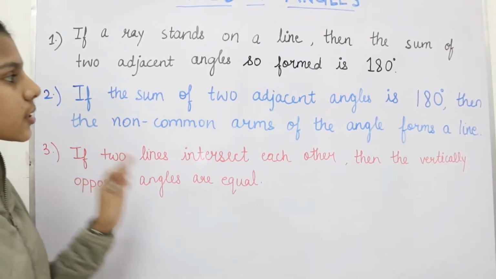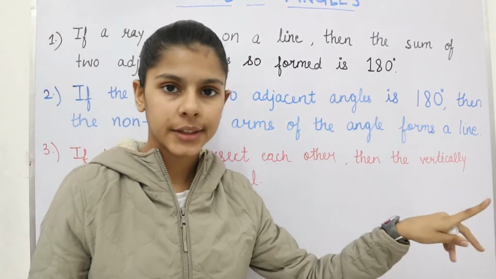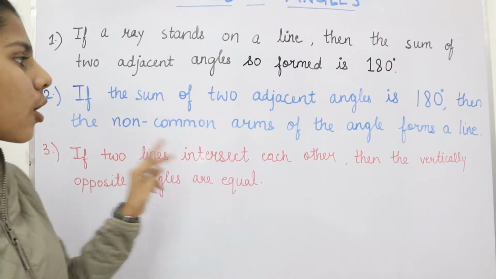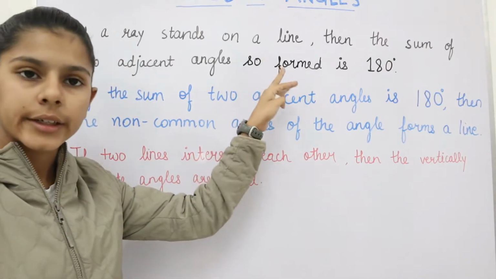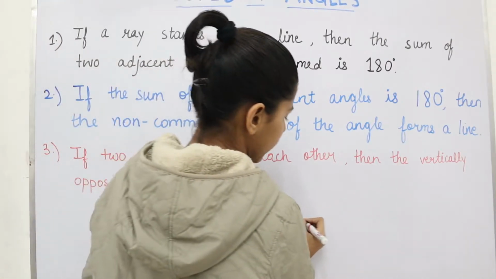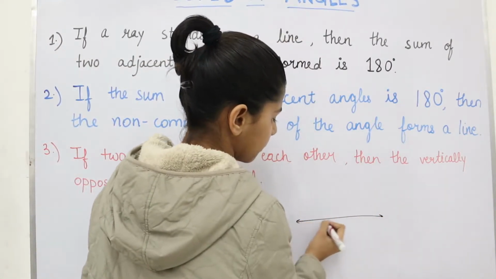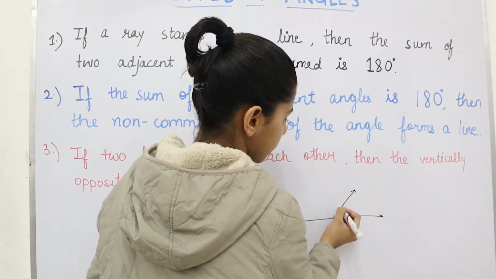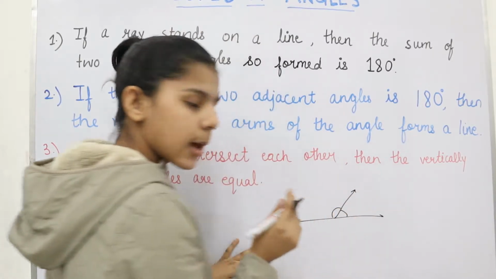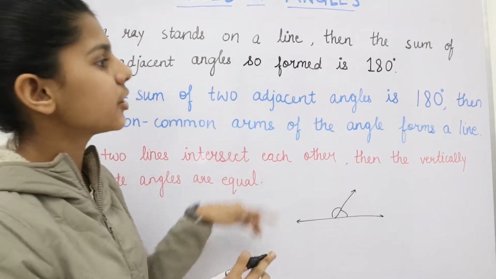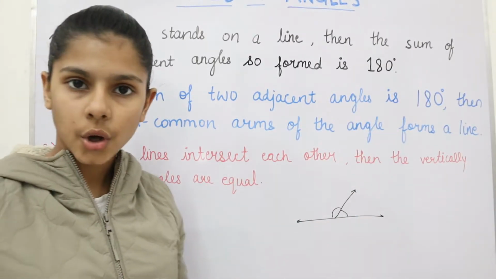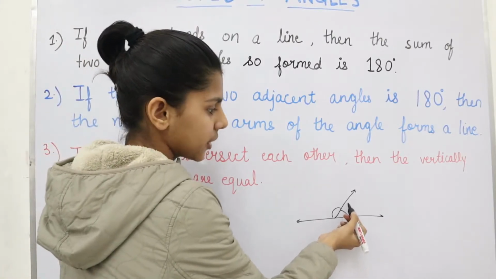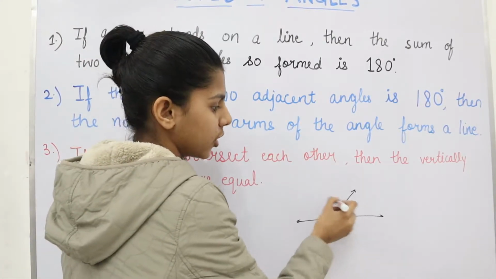Second one, if the sum of 2 adjacent angles is 180 degrees, then the non-common arms of the angles form a line. This is also related to the first one: if a ray is standing on a straight line and forming 2 angles, their sum will be 180 degrees, and if the sum is 180 degrees, then the non-common arms form a line. The middle ray is the common arm in both the angles.